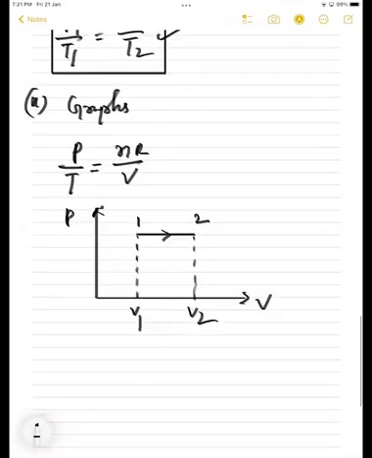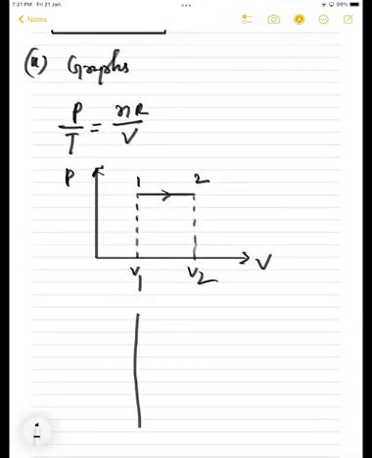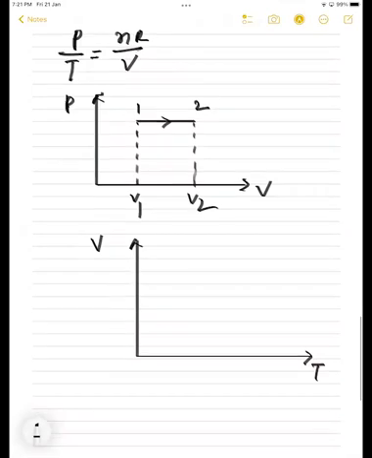Correct or not? Now I'll take volume and time, as we took in the previous case, here we'll take volume and temperature. And this point is 1, this point is 2, correct?